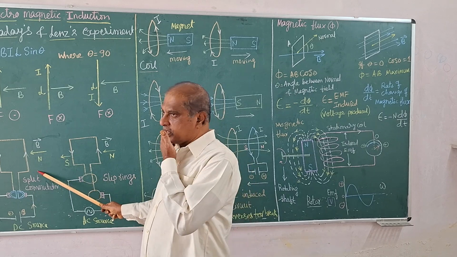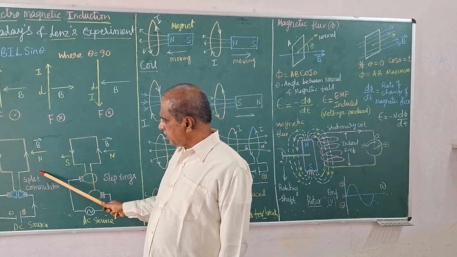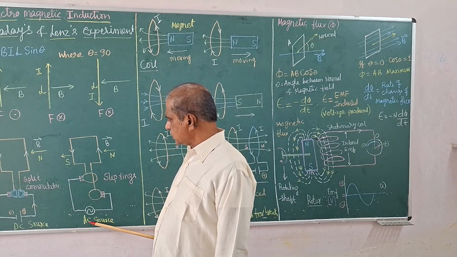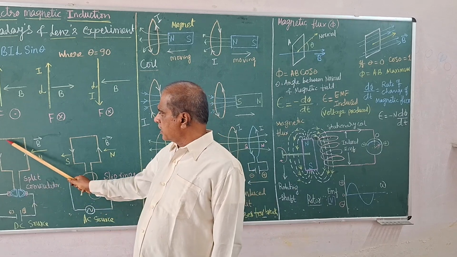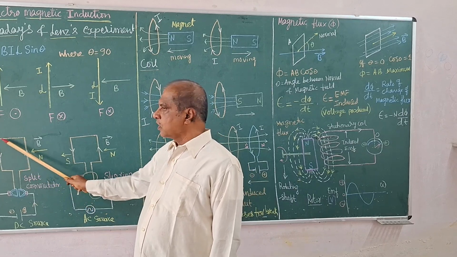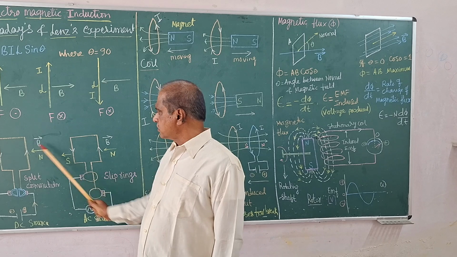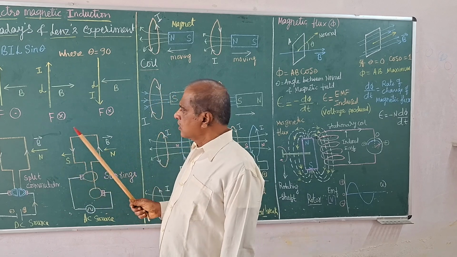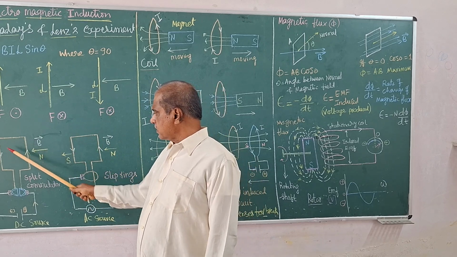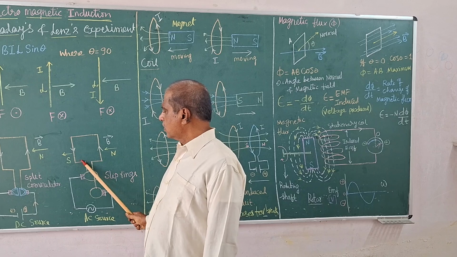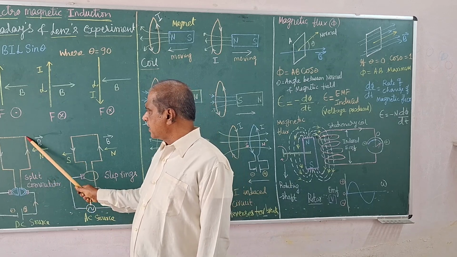This is the mechanical energy generator using a DC source and an AC source. The conductor is a coil, which may be circular or rectangular. This is a rectangular shape, and we see the direction of the current like this.